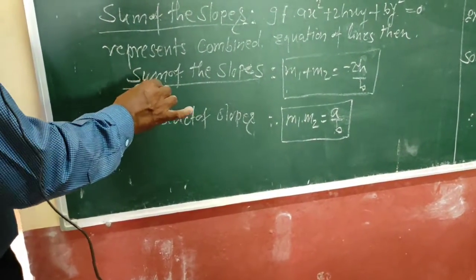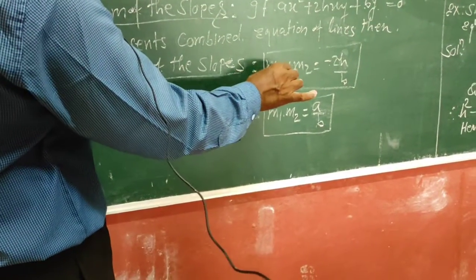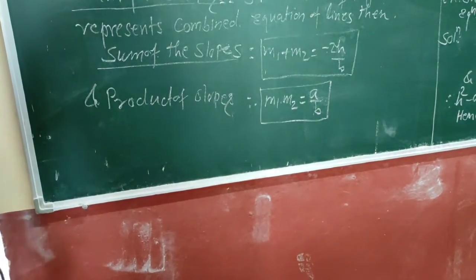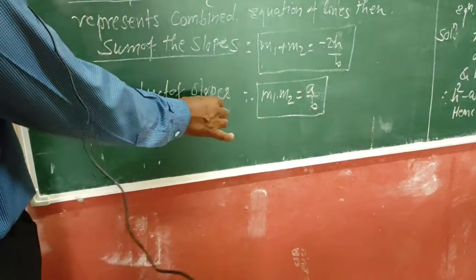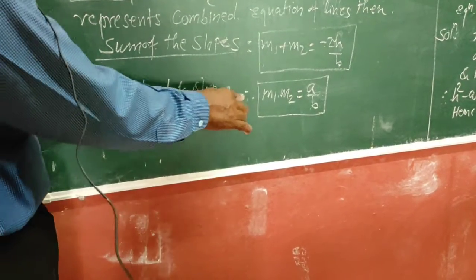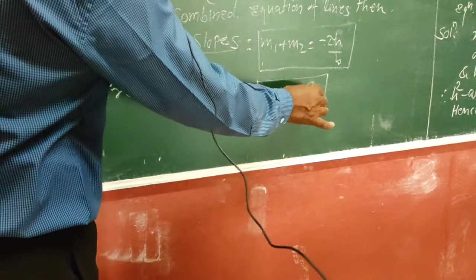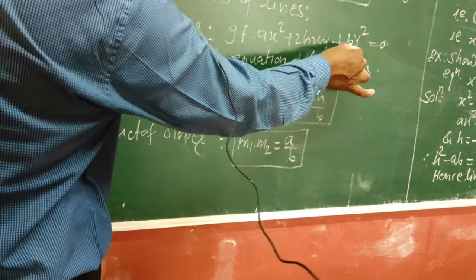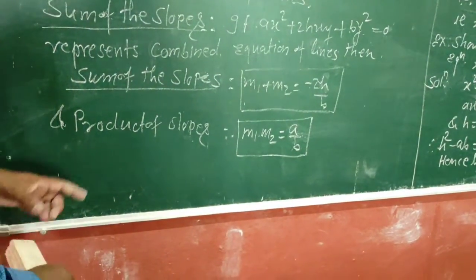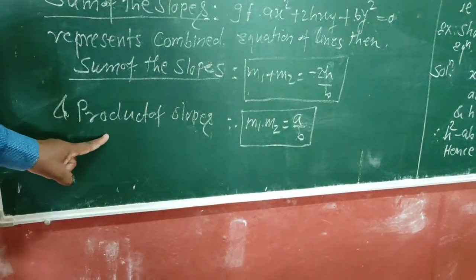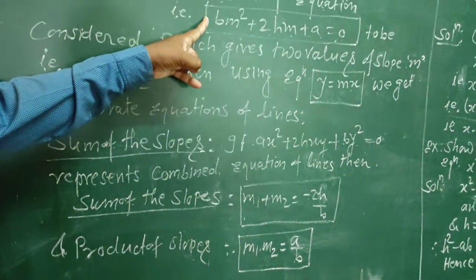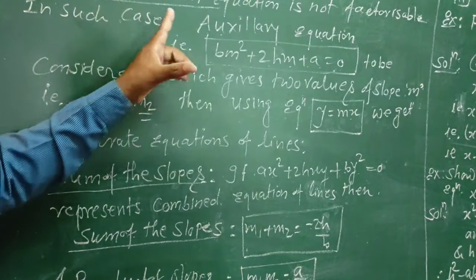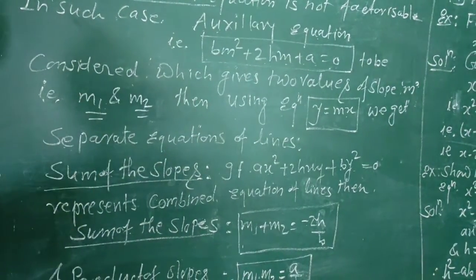Similarly, we also need the product of the slopes, that is, m1 into m2 is equal to a by b, where a is the coefficient of x square and b is the coefficient of y square. So these are the terms required in the problems: the sum of the slopes, the product of the slopes, and the auxiliary equation if the given combined equation is not factorizable.